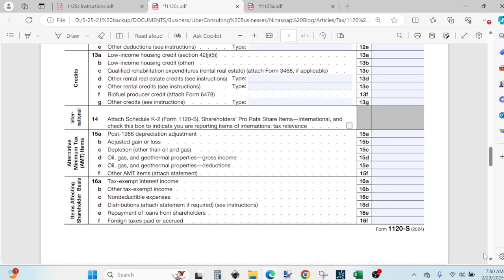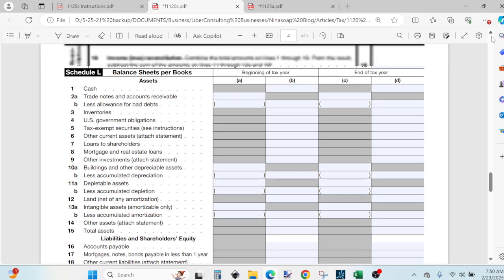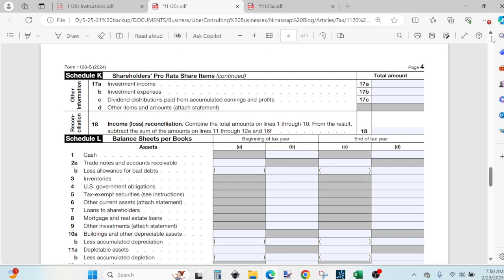When you do that, we didn't have any number on those, so that means our number on line 18 is going to be negative 772, just like our line 1.